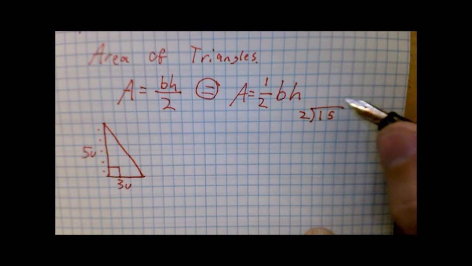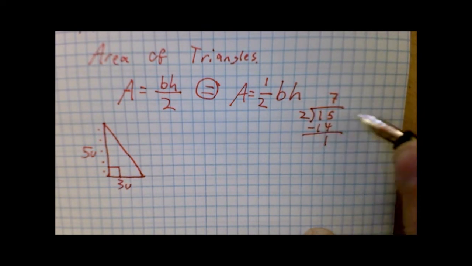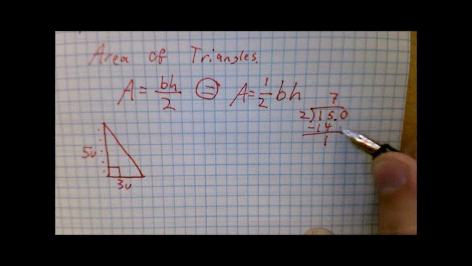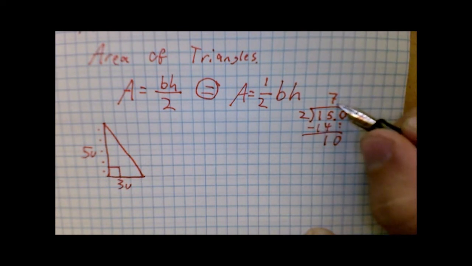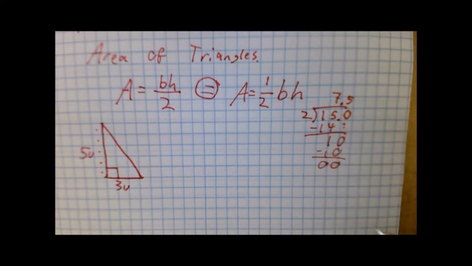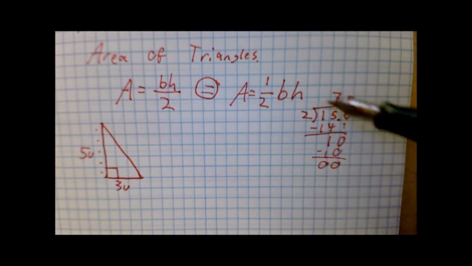2 goes into 15 7 times, which gives me 14. Add a decimal and a 0 to carry down. 2 goes into 10 5 times. Alright, and if you're the class that is with me in 2018, don't worry, we'll get to this very, very soon.